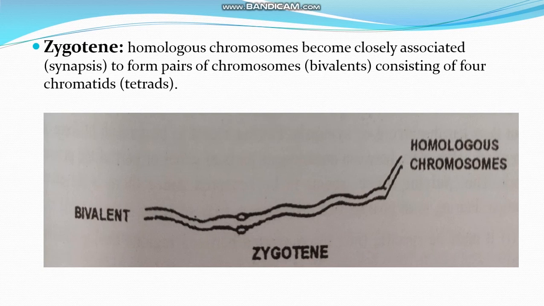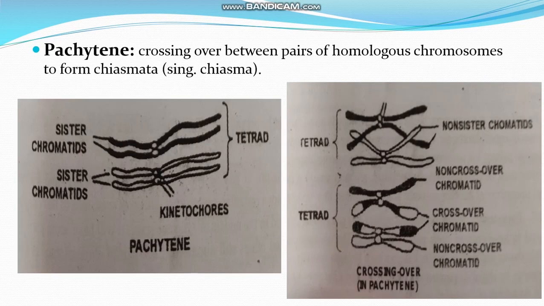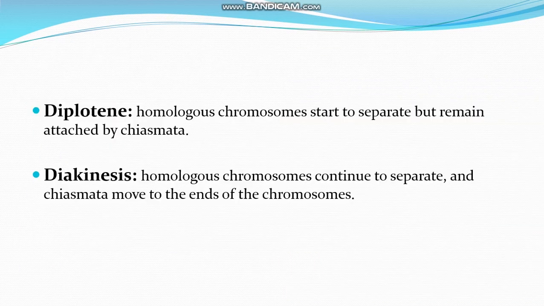The pairing of homologous chromosomes is known as synapsis, and it is very intimate and precise. Third stage is the pachytene, or the pachynema stage. With the pairing or synapsis of homologues, the nucleus enters the pachytene stage. During the pachytene stage, crossing over between the 2 pairs of homologous chromosomes takes place to form the chiasmata.